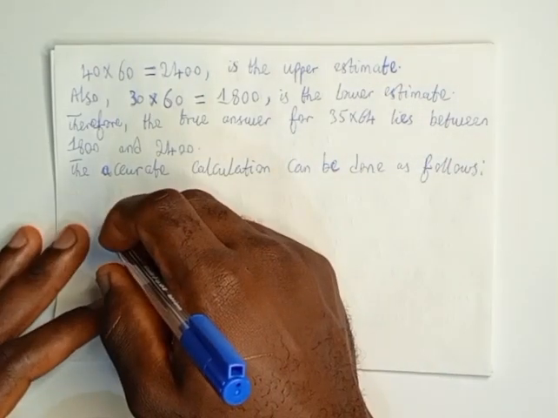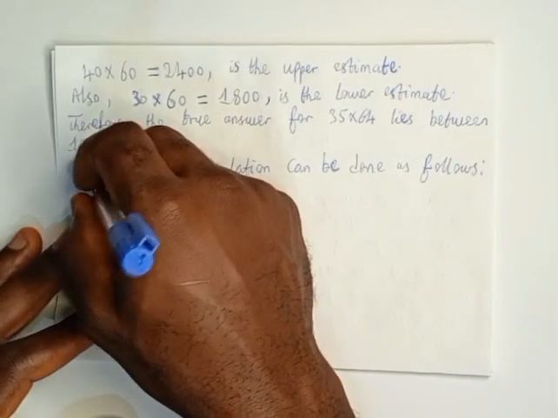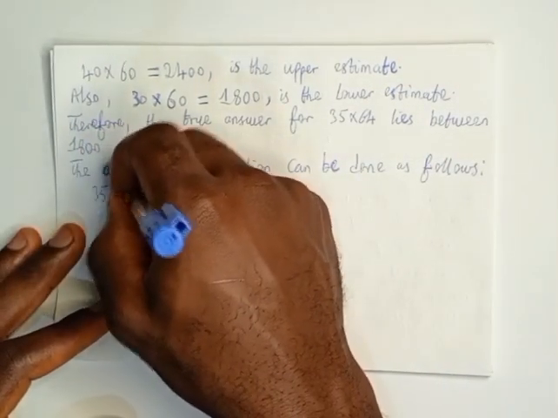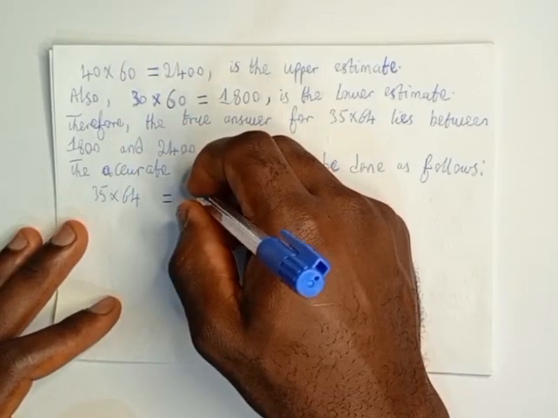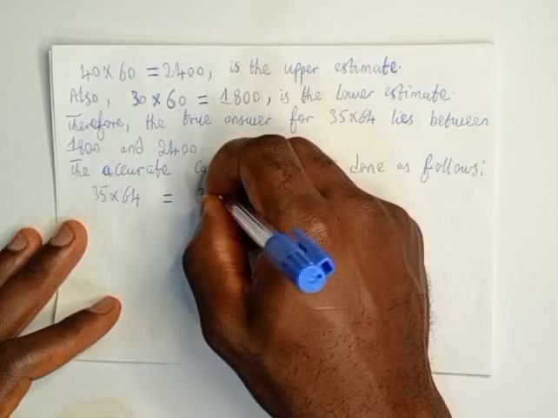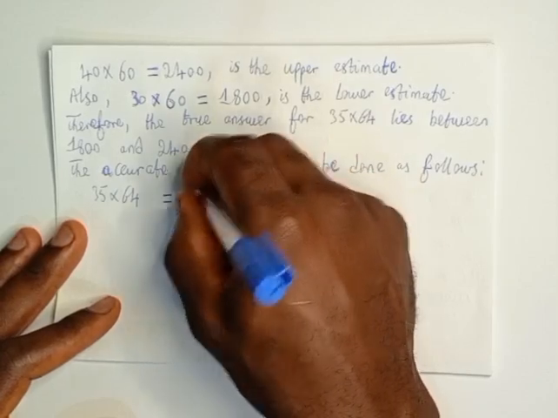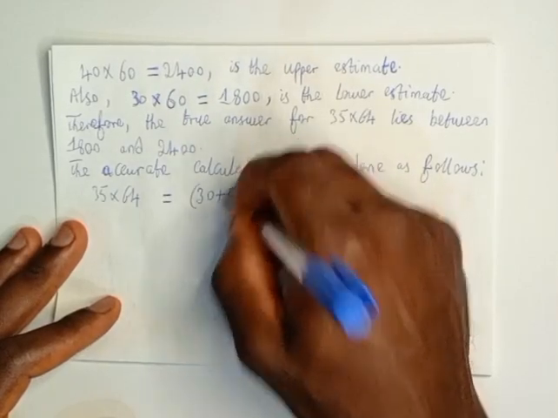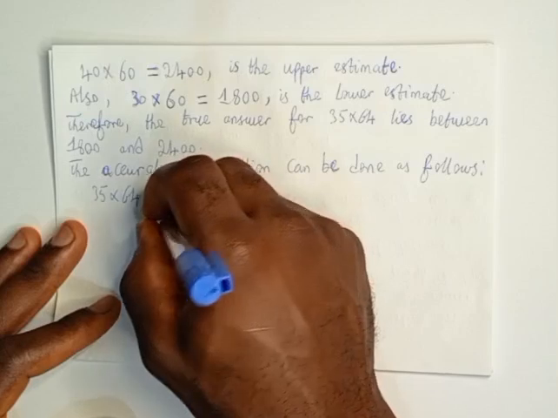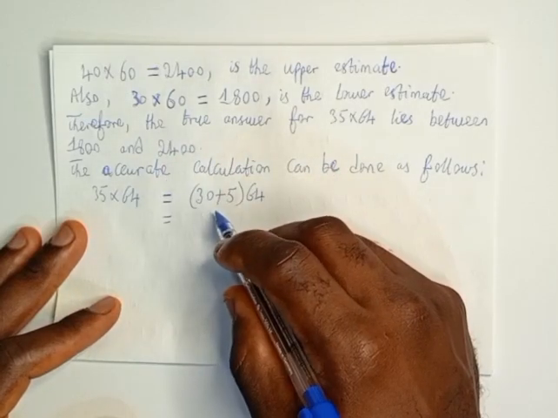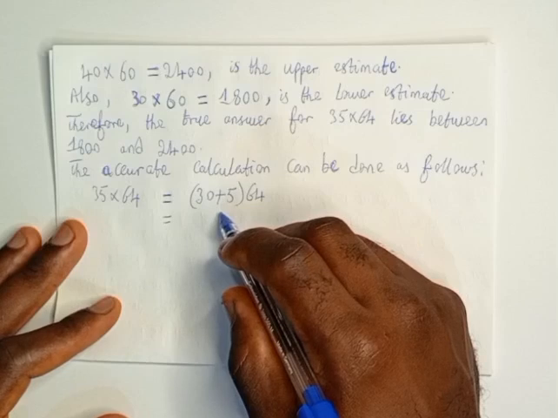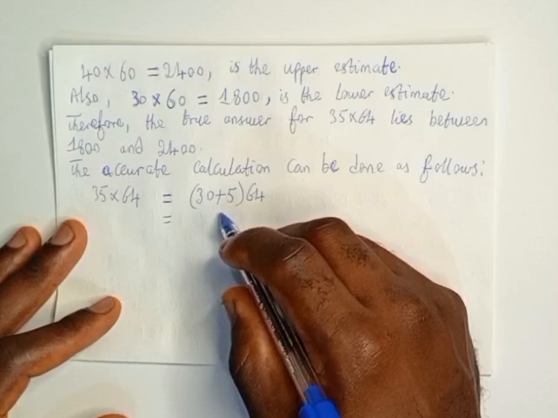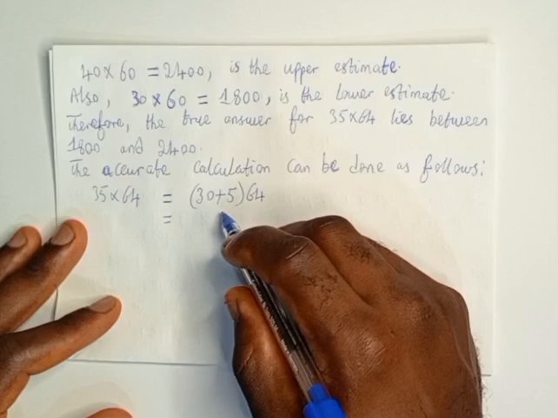There is an easy way of doing the correct calculation. 35 times 64 is simply equal to, we can express 35 as 30 plus 5 as such times 64. This will simply be equal to, we make use of the distributive property. Remember, we treated the distributive property under the sets of numbers. You can watch that video, you will learn so much.